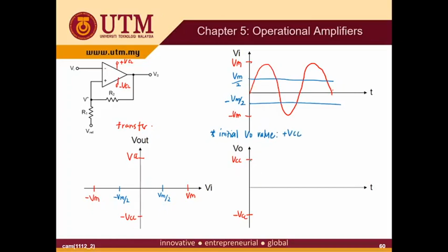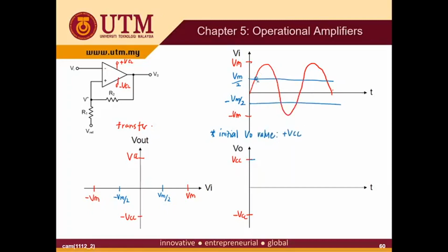So it will start from plus VCC. Because the Vout is plus VCC, the trigger point for this case is VUTP.